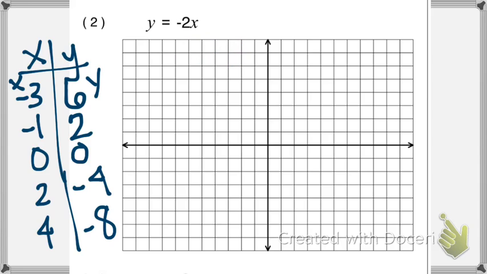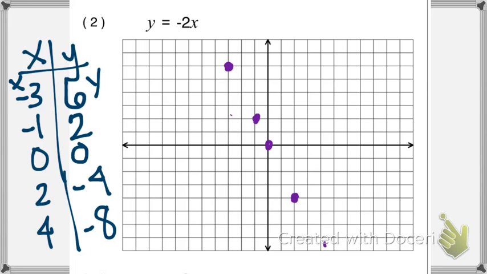So I'm going to graph these solutions. So left 3, up 6, 1, 2, 3, 4, 5, 6. Left 1, up 2, 0, 0. Right 2 down 4, and right 4 down 8.